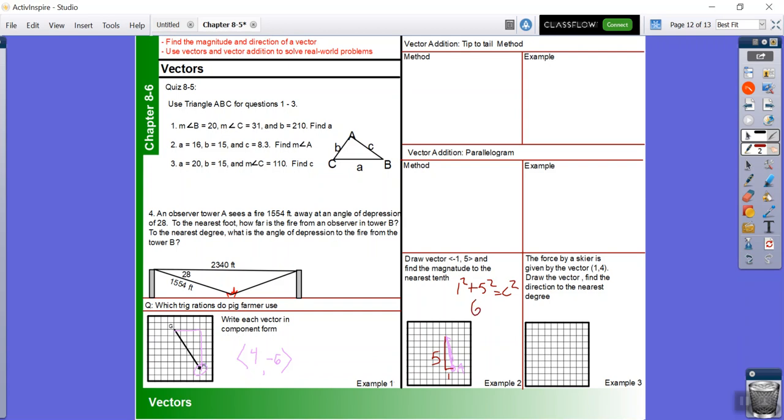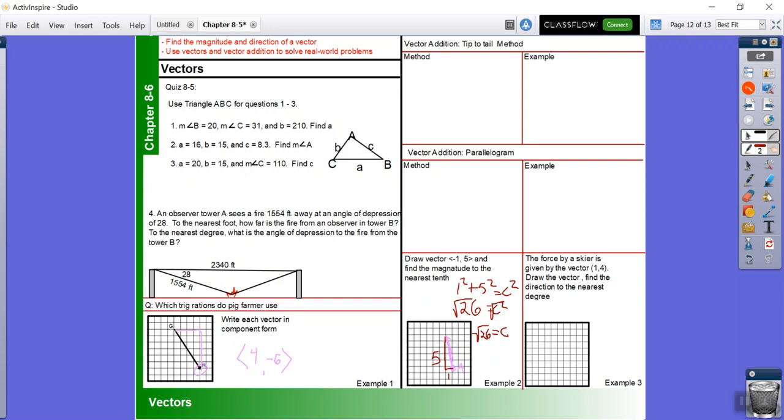So we end up with 26 is equal to c squared. And then you take the square root, and so we get c is equal to the square root of 26. Now 26 doesn't have any perfect squares, so obviously this is asking for a calculator, but I'm going to leave it in its simplest radical form right now.